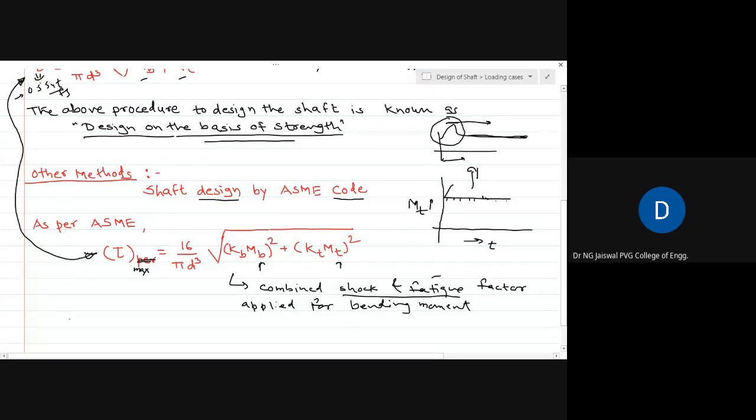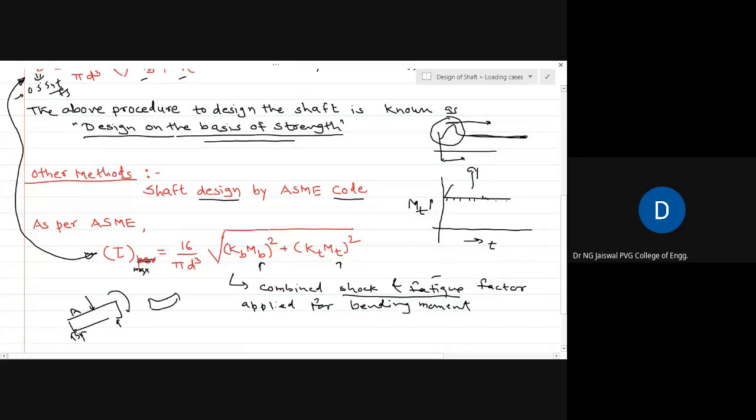Suppose this is one shaft rotating, and it is applied with some forces. If you see at this instant, this is say fiber A, this is say fiber B. At this instant, this will bend like this.